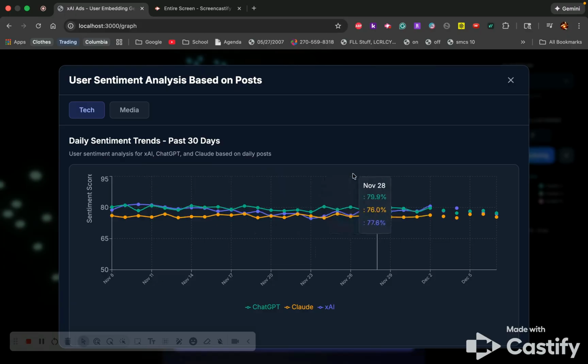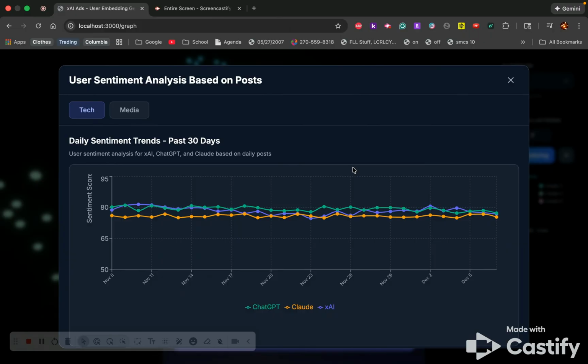The idea behind sentiment analysis is that because X is the biggest real-time trend pattern software, we're able to utilize that to sell ads at the right and perfect time. And we're able to actually play the emotion market. What I mean by this is, let's take a look at the tech market. Let's say we have three of the main drivers in this market, including ChatGPT, Claude, and xAI.